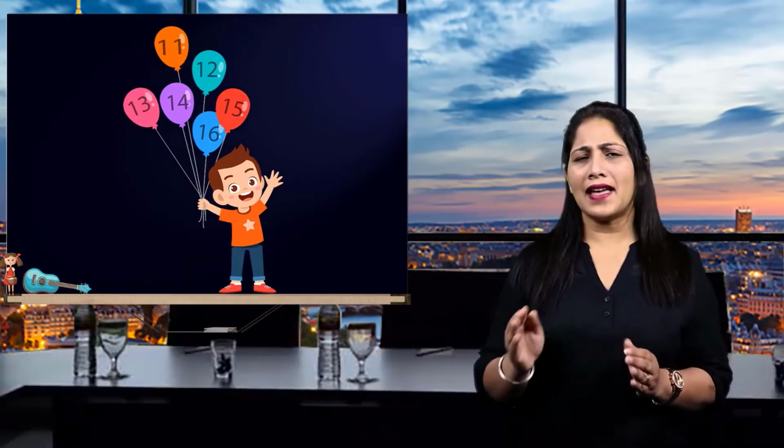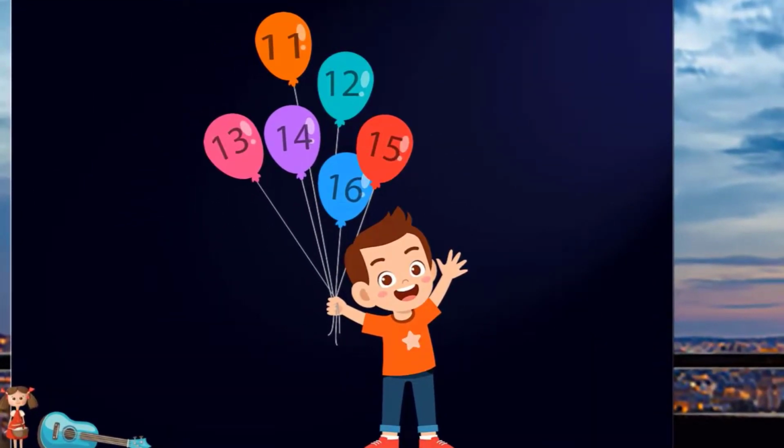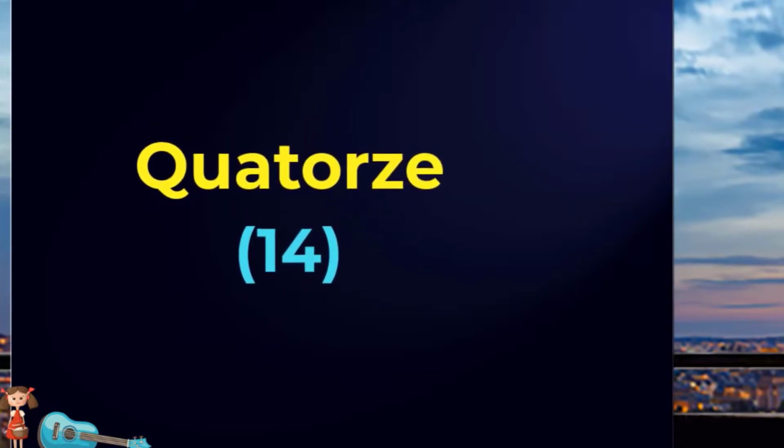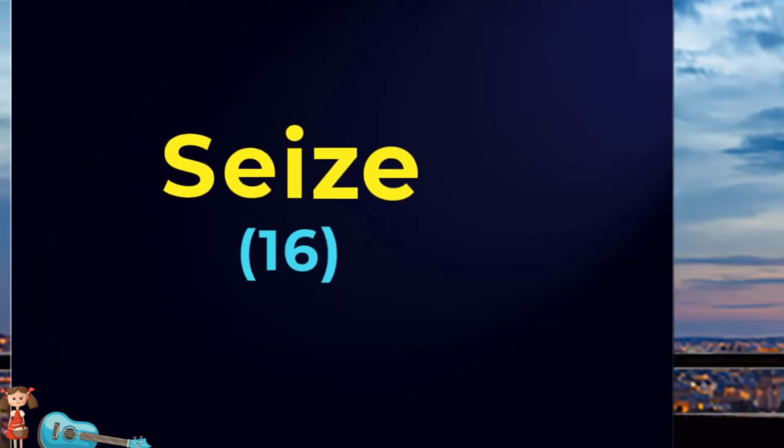On the second half of the page, a handsome small boy is standing with balloons in his hand. And on the balloons, what is there? There are some numbers. So just read it once. 11, 12, 13, 14, 15, 16.